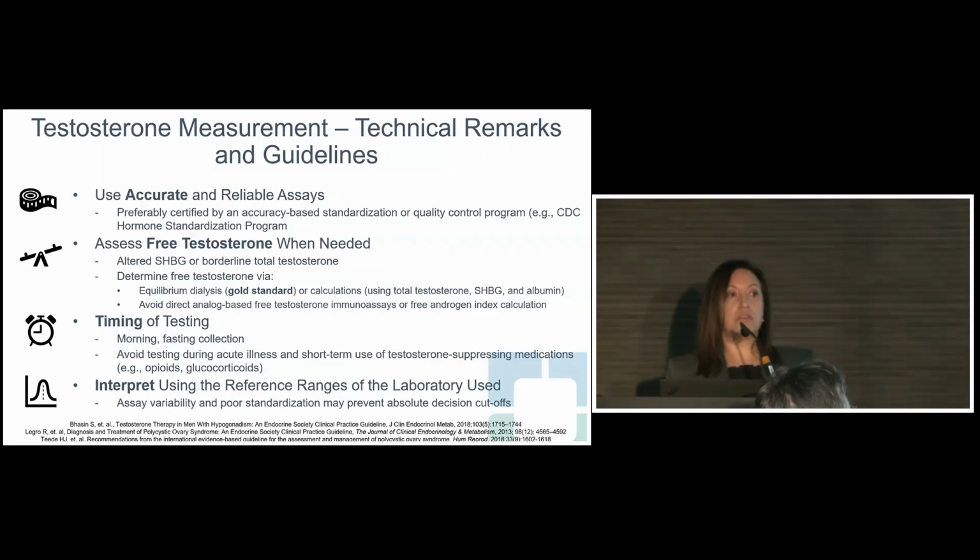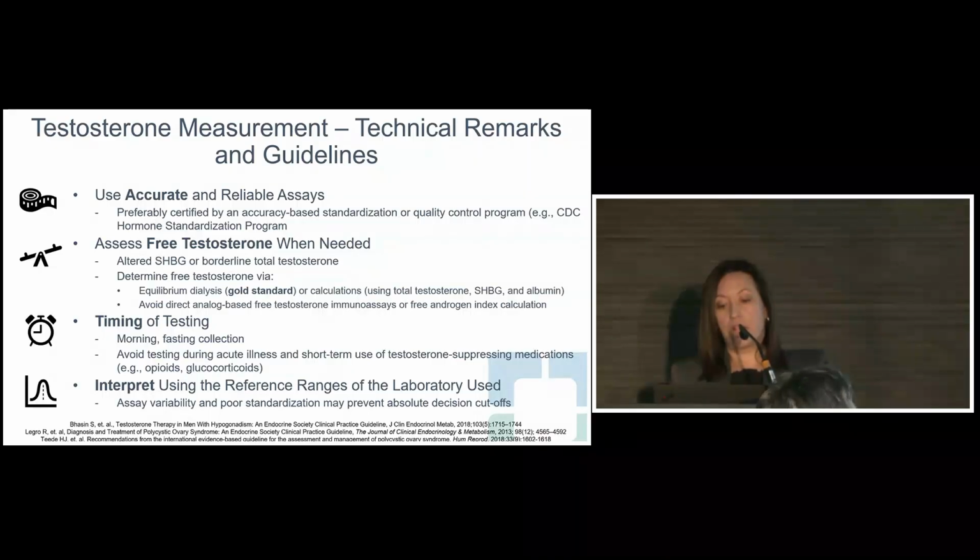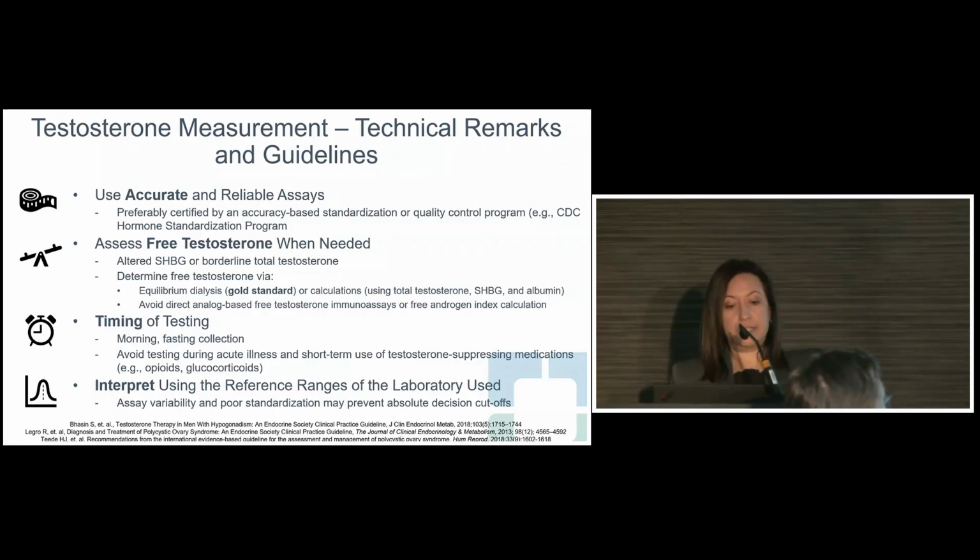And to determine free testosterone either by equilibrium dialysis, which is recognized as the gold standard, but they also include the possibility of using calculations which include total testosterone, albumin, and sex hormone binding globulin, and they don't prescribe one specific calculation. And to avoid direct analog measurement using immunoassays or calculations like the free androgen index.